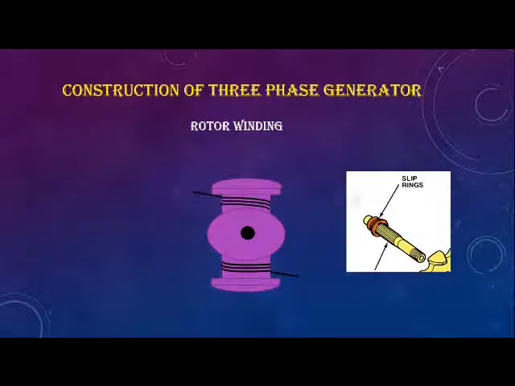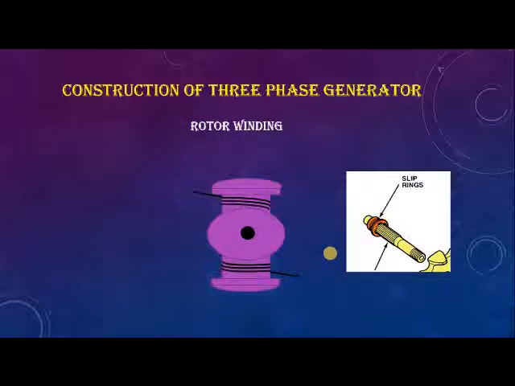So we have to use slip rings. The shaft has two slip rings and the ends of the rotor winding have to be connected to the two slip rings. And the slip rings will also rotate along with the rotor because both are mounted on the same shaft.